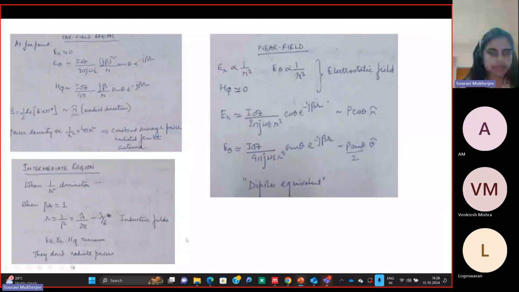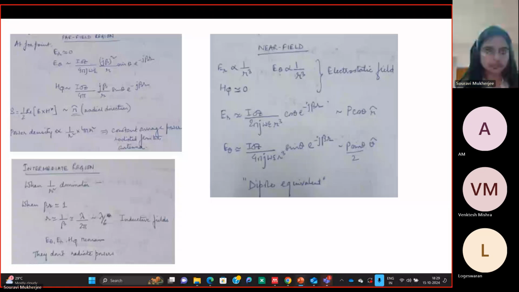That is when it is comparable to lambda by 2 pi, and 2 pi is about 6, so it's about lambda by 6. So when we are in this region, it is the intermediate region where 1 by r squared dominates. Here this e to the power term would go away, so there it's actually not radiating power. So these are called inductive fields.